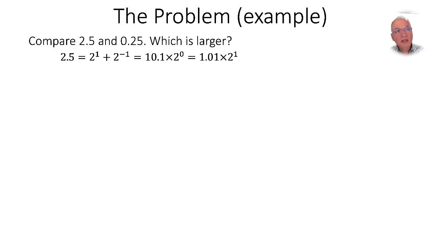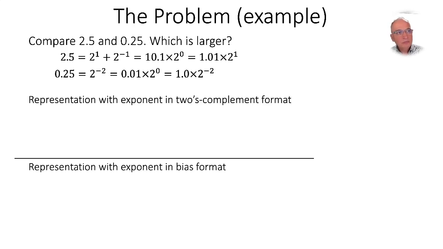Remember, I need to normalize the number before I get my representation. And I can do something similar to 0.25, and I will find that this is 1.0 times 2 to the minus 2.